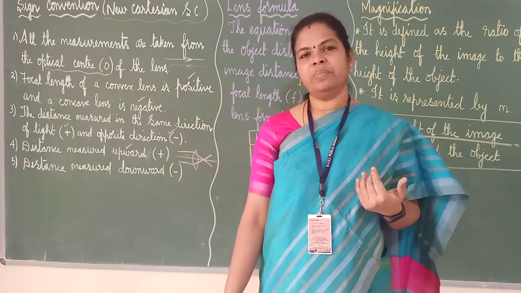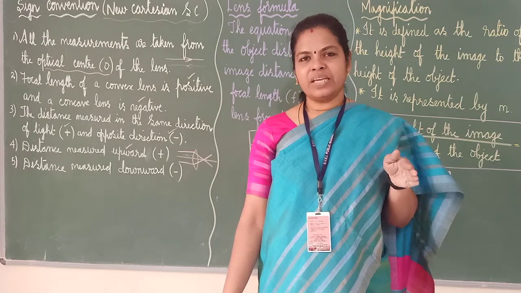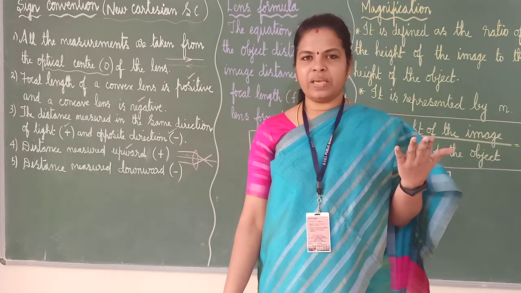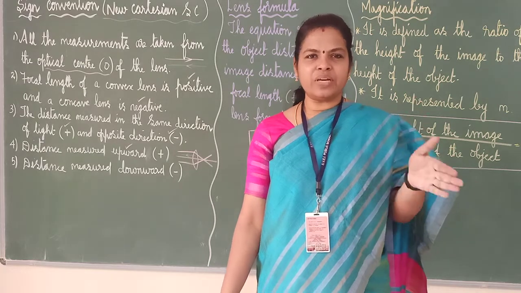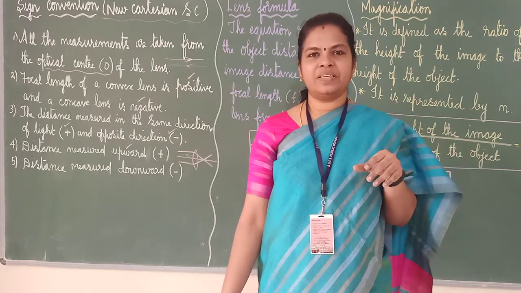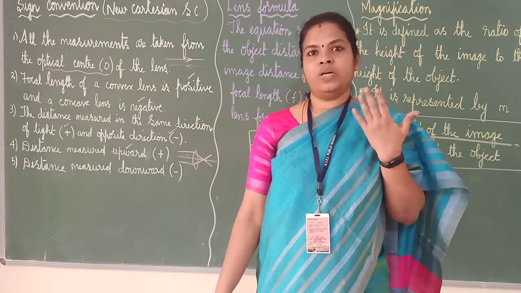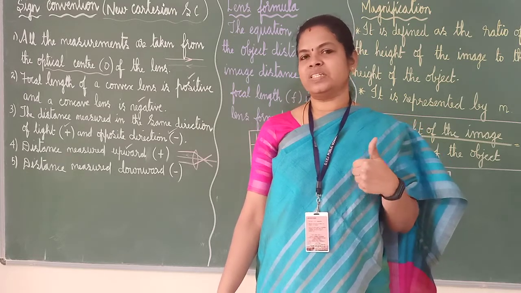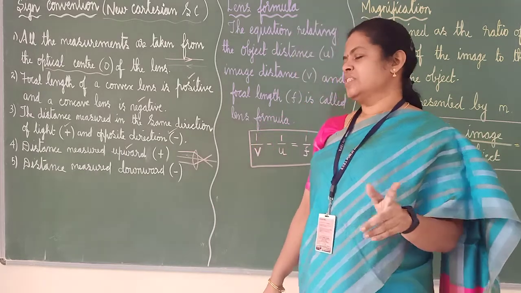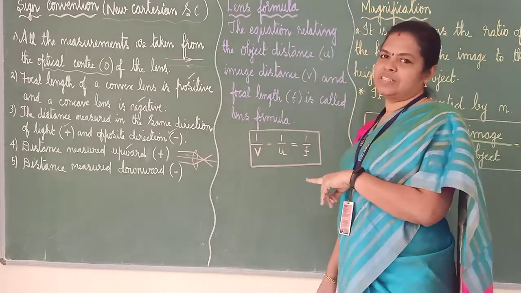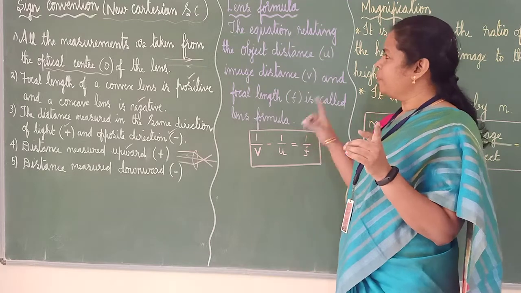But after getting old, when you go for specs, most people try to drag it out. They don't want to wear specs, because they have a negative feeling towards that. So towards a mirror it is positive and towards a lens it is negative. Same way the formula also shows the same. The mirror formula will have a positive sign.